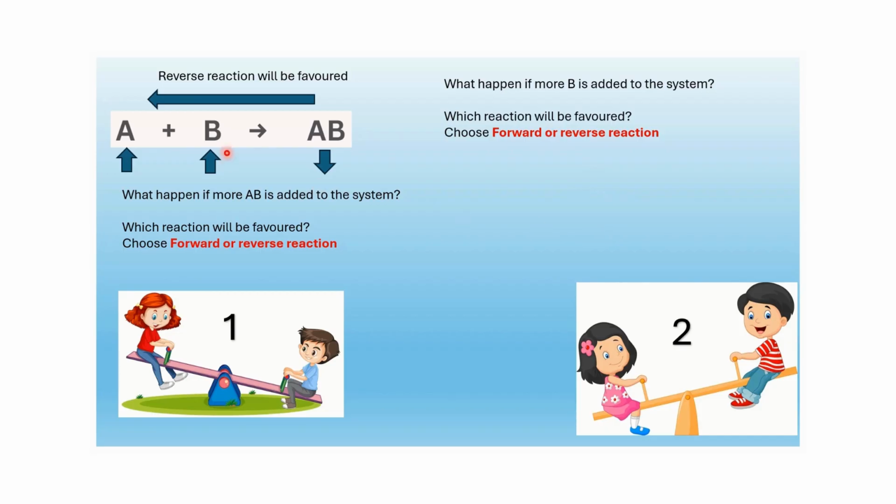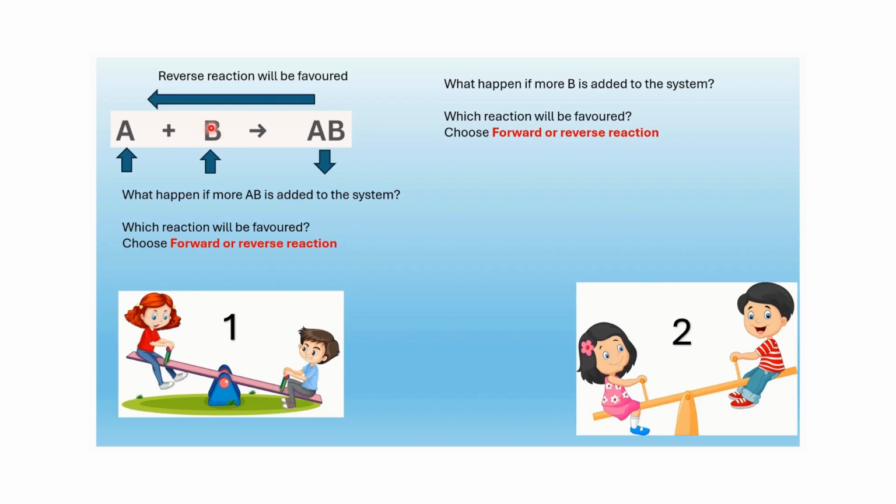Now, if we add more of B, the system cannot tilt like number 1. Why? Because remember, this reactant side is more like the lady that is on the left. This AB is more like this guy that is on the right. So if you check it well, when you add more B, there will be more mass on B, right?